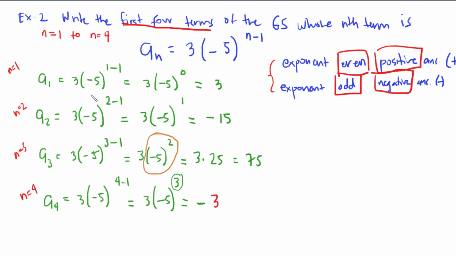Oops, palit tayo kulay. So, negative 375. Okay? So, yan na yung mga terms natin. So, if we're going to rewrite that, that will become 3, negative 15, 75, and negative 375. Okay? So, that's it. No? So, tama yung mga sagot natin. Okay?